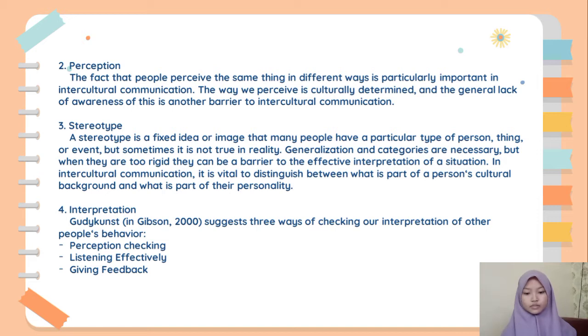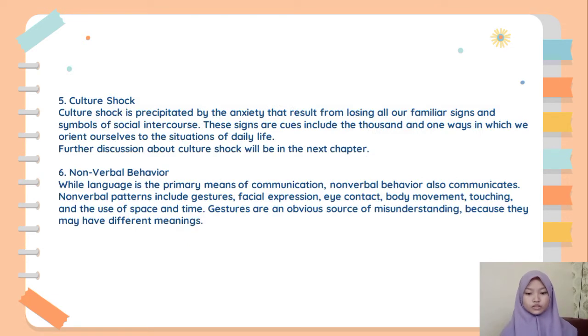Fourth, interpretation. Gary Kuntz in Gibson 2000 suggests 3 ways of checking our interpretation of other people's behavior. First, perception checking. Second, listening effectively. Third, giving feedback. Fifth, culture shock.